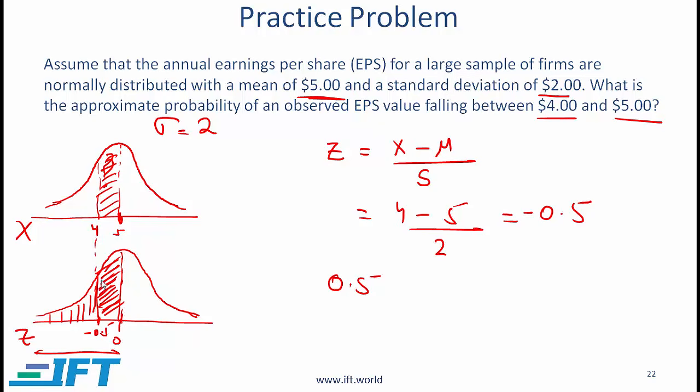The probability to the left of minus 0.5 can be determined using the probability table. And again, we use the fact that the distribution is symmetric. If the table you are looking at doesn't have minus 0.5, you can find the cumulative probability for plus 0.5 and then subtract that from 1 to come up with this probability. And we have already done that.